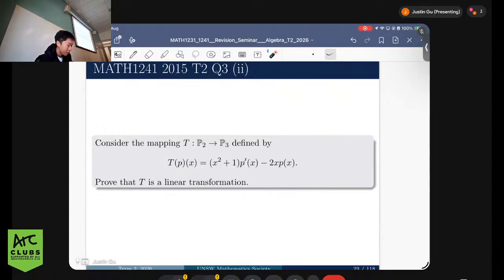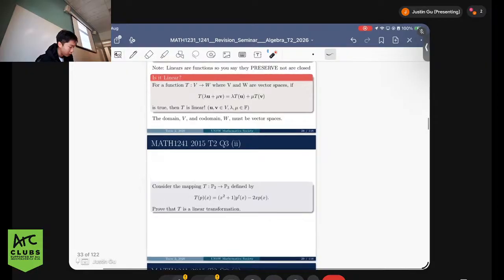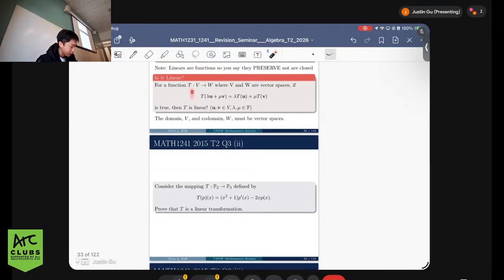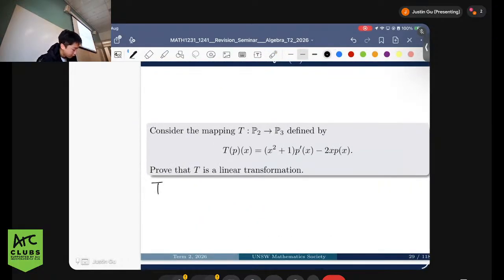Okay. I'll go through the question. So essentially, if you look at the definition above, we've basically just used this definition here. And so if we sub it in, we can use, let's say, T of aP plus bQ of x, where let's say P, Q are polynomials, and a, b are constants.